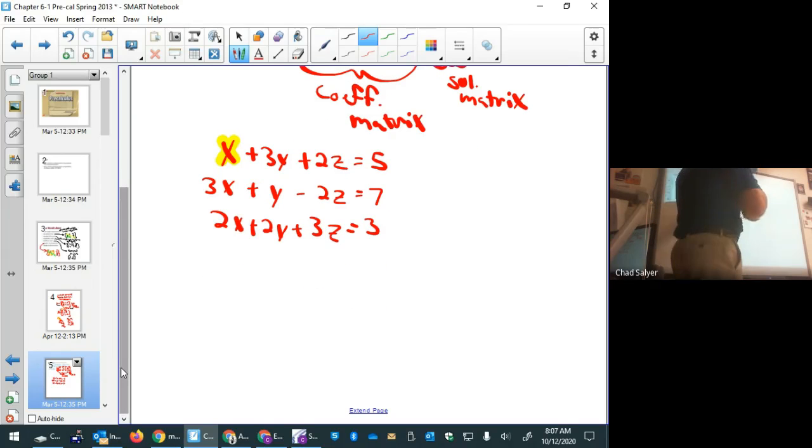Okay, so first of all, do you notice this x has 1 for its coefficient? So that's important to us. It makes our life kind of easy, because I can rewrite this first equation as follows.